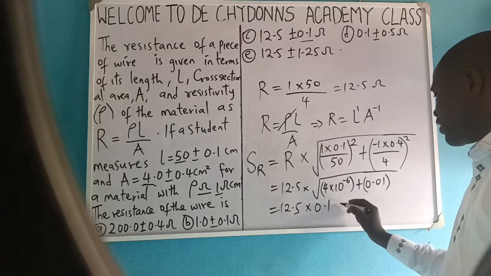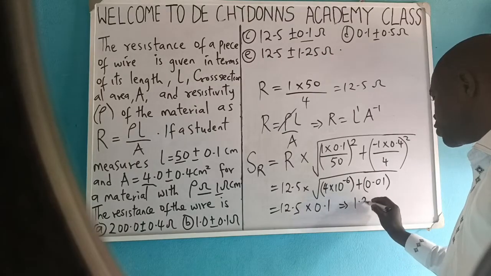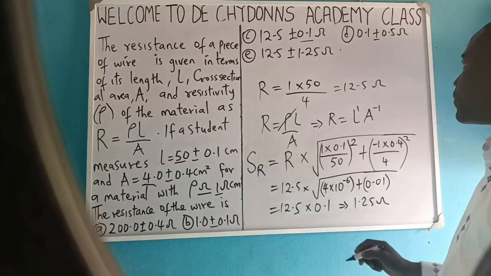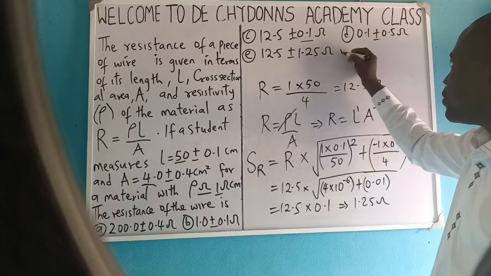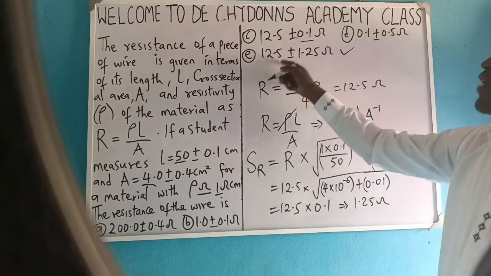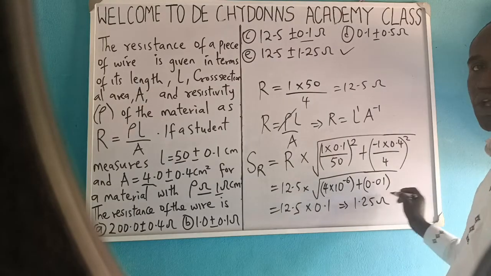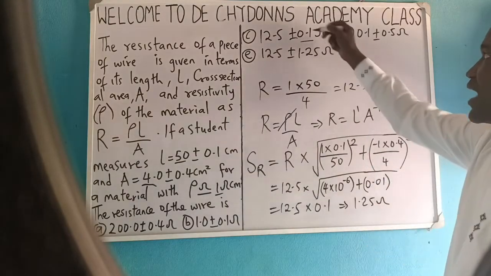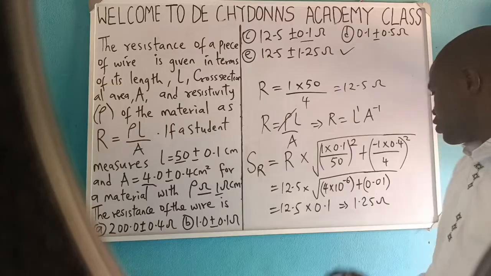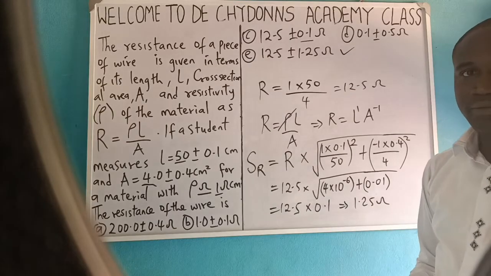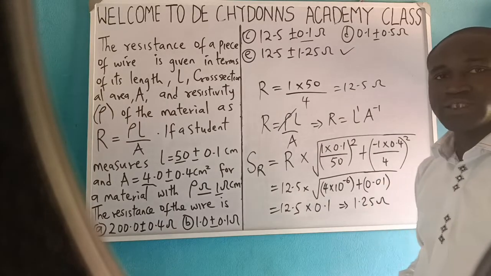So that will be giving us what? 1.25 ohm. Final answer will be this: 12.5 plus or minus 1.25 ohm. Please don't just do this one and get 0.1 and pick this. No. You have to get it appropriately. Okay? Let's go to the next question.